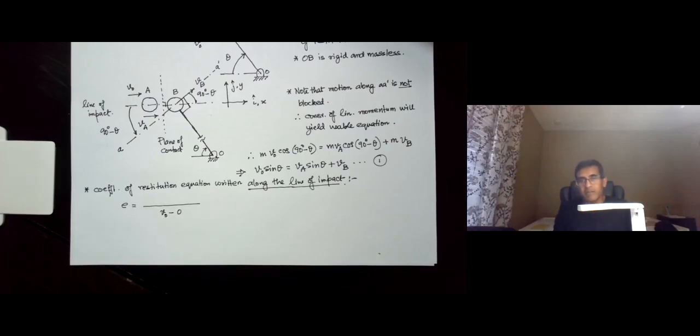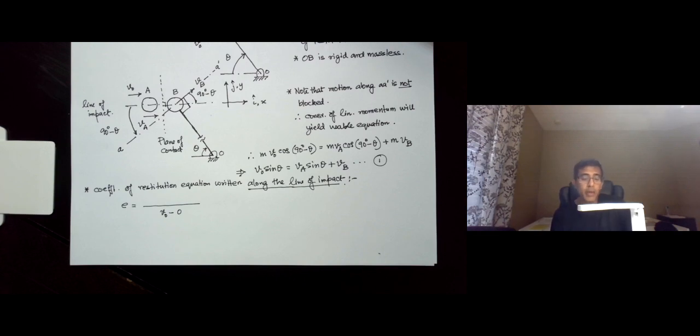What is the relative velocity of departure? Well, as we have seen before in other examples, if you are writing the relative velocity of approach to be the velocity of A minus velocity of B, then the safe way to write the relative velocity of departure is the velocity of B minus velocity of A. This ensures that we do not have to take the squares of the two relative velocities, because the coefficient of restitution is a positive term.